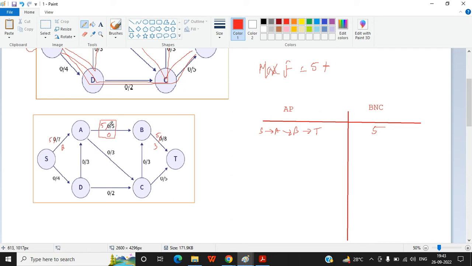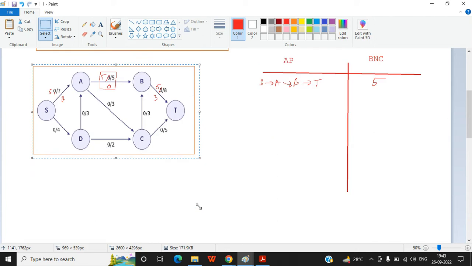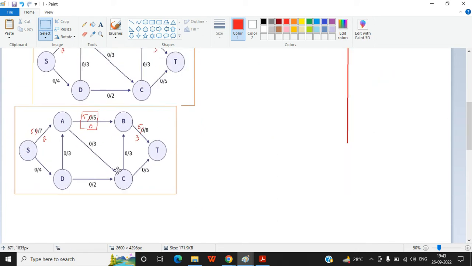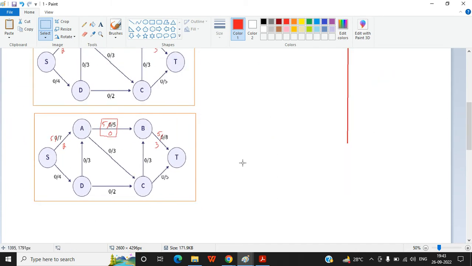Now, while we are considering the next path, we will consider the residual capacity only. We will not consider the original capacity, right? So we can better copy this image and put another. In exam, you also have to do it that way. Now tell me which augmenting path you will select.